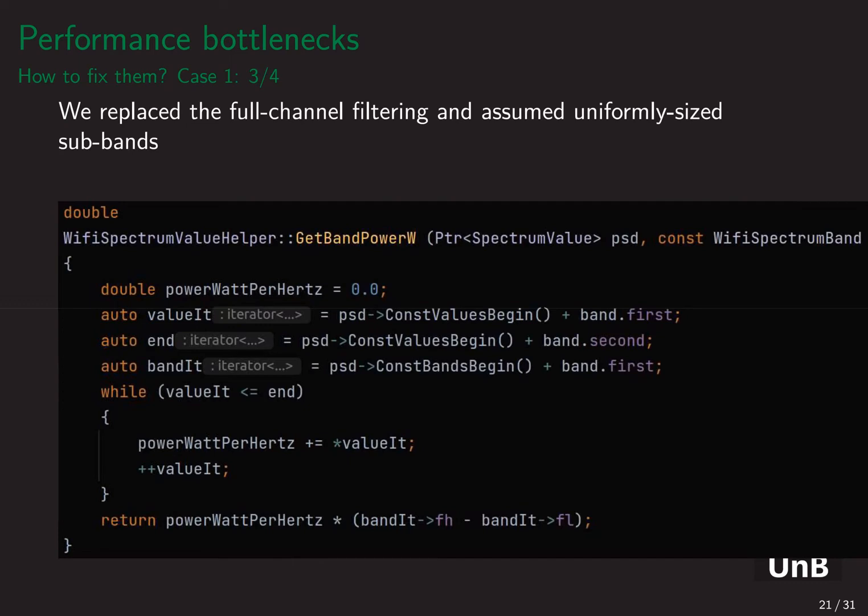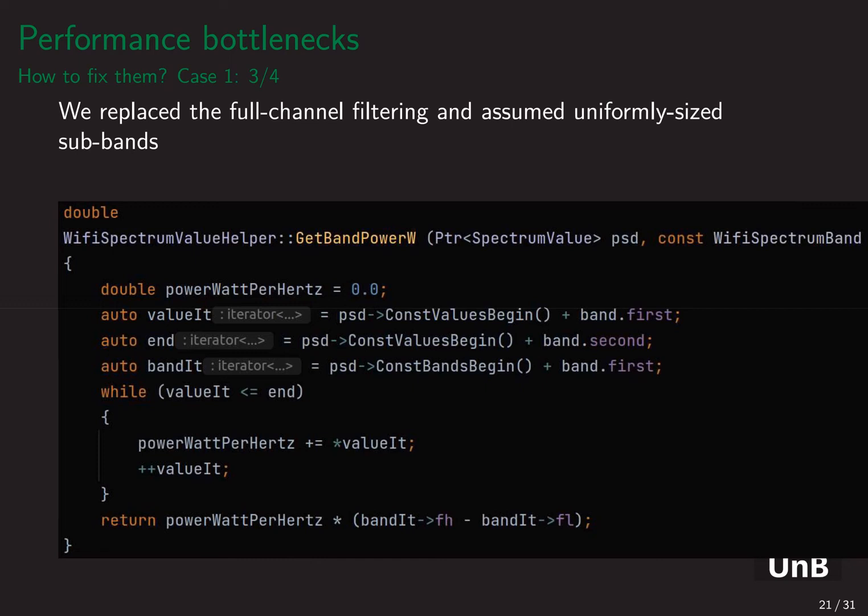The solution to the problem was replacing the full channel filtering and assuming that we have uniformly sized subbands, which allowed us to save a ton of multiplications. So the code changed from filtering by zeroing out every single value that is not of interest, which means every other subband that is not the one you want to calculate the power for, you are going to zero out.